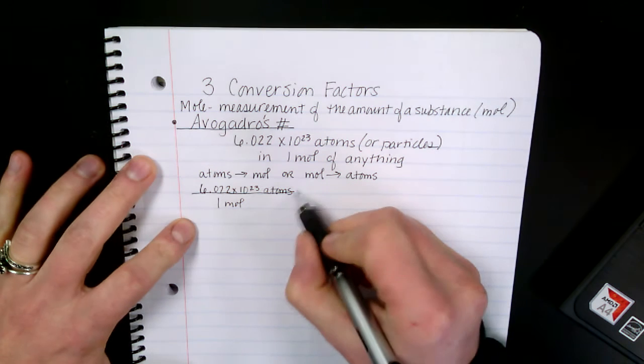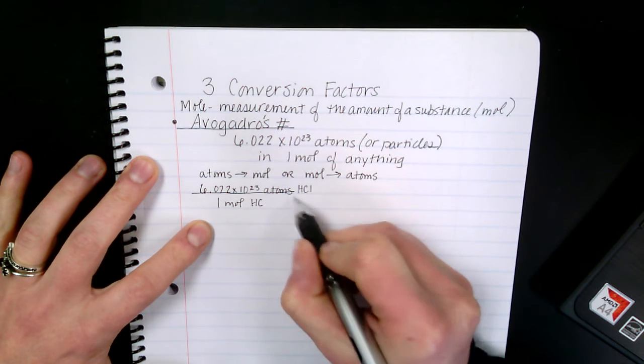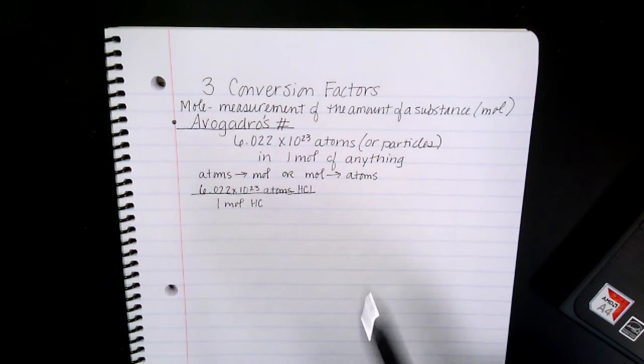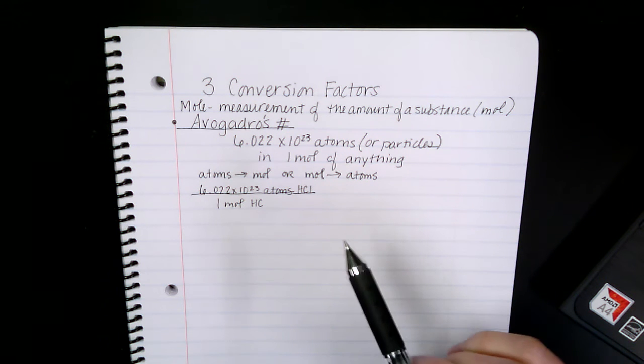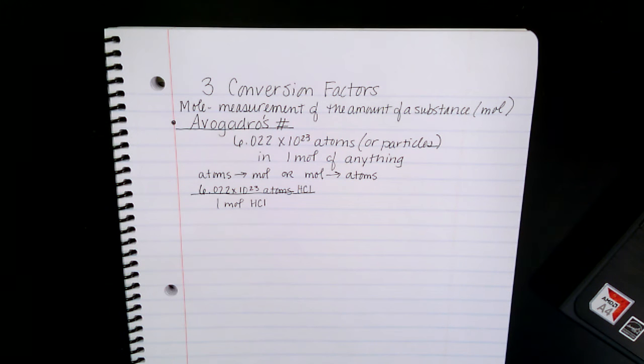So if we said atoms of HCl, that would be in 1 mole of HCl. It doesn't change. It wouldn't be different if it's just chlorine or if it's just hydrogen. So it's always 1 mole of the substance to 6.022 times 10 to the 23rd atoms.